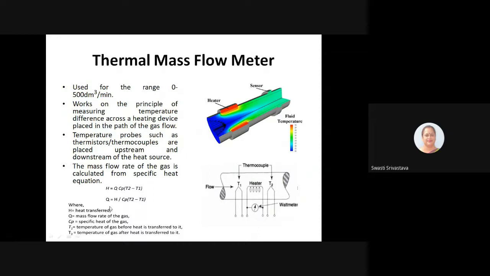H is the heat transferred, Q is the mass flow rate of the gas, Cp is the specific heat of the gas, and T1 and T2 are the temperatures of the gas before and after the heat is transferred to it respectively.